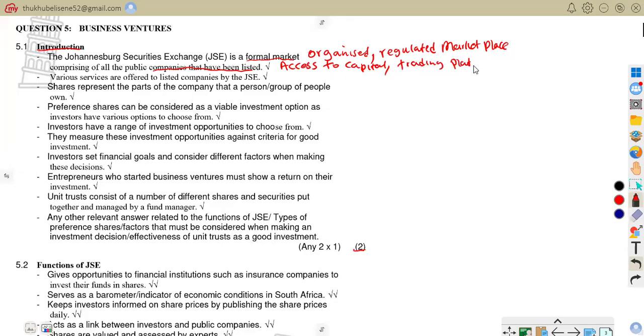So when you are talking about various services offered to listed companies by the Johannesburg Securities Exchange, it means the companies are going to have access to capital, trading platforms, investor exposure, as well as expert valuation.